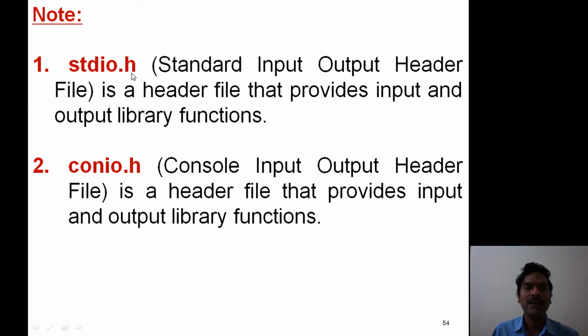This header file supports various library functions to implement input and output operations. conio.h is another header file, and it stands for console input output header file. It also supports various library functions used to implement input and output operations.